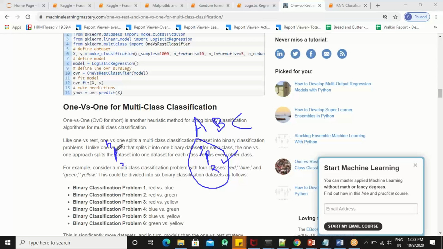Say if you have 3P2 and 3C2, this is the formula for permutation and this is for combination. 3P2 is like 3 factorial upon, I think, 2 factorial, and combination is like 3 factorial upon 2 factorial into (3 minus 2) factorial, which is 1 factorial.